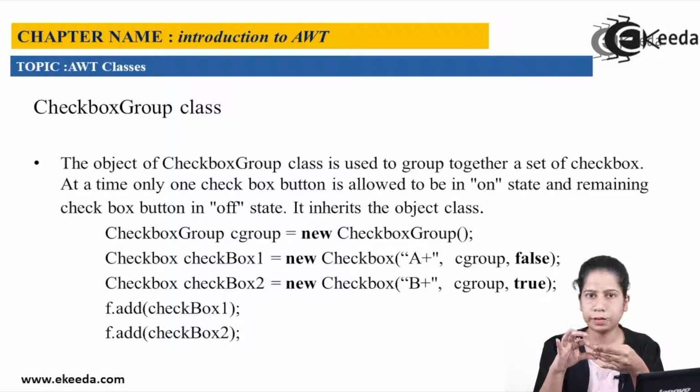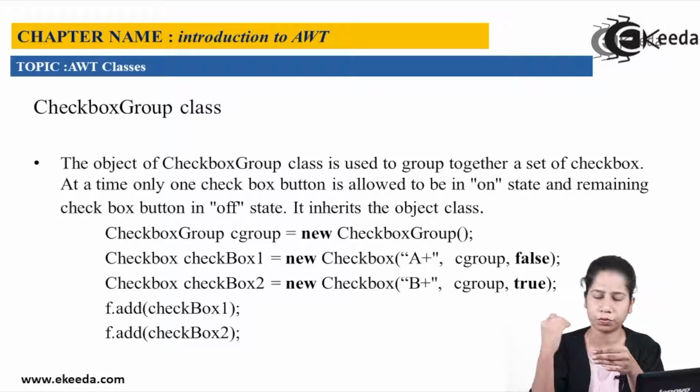Then you have to place these checkboxes into the group. As they are part of one group, at a time only one of these three checkboxes can be set to true or on. The rest of these are set to off.